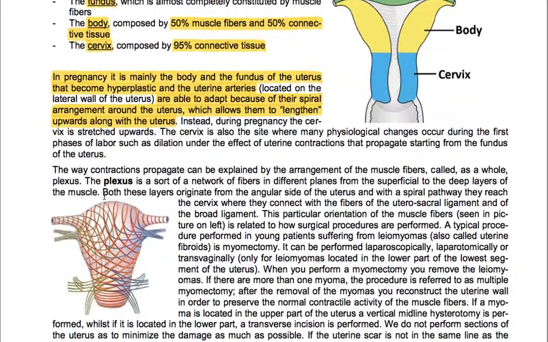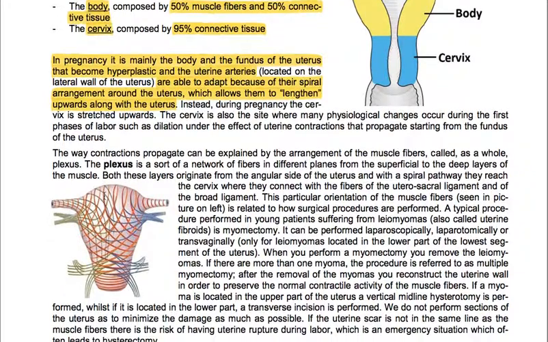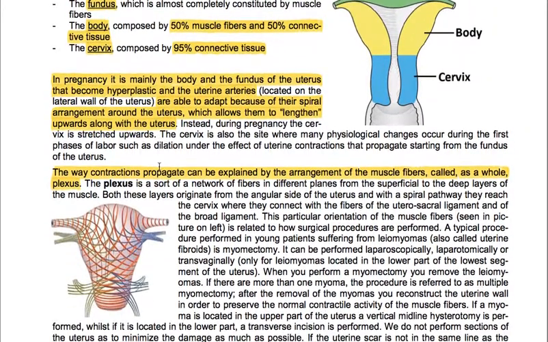Contractions during pregnancy can be explained by the arrangement of the muscle fibers, called as a whole the plexus. So the plexus is this arrangement of the muscle fibers in the uterus.